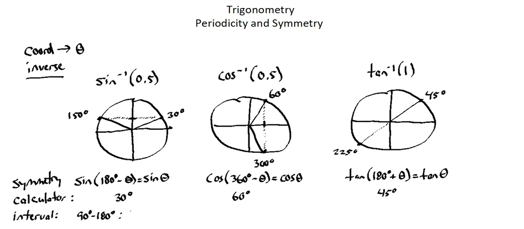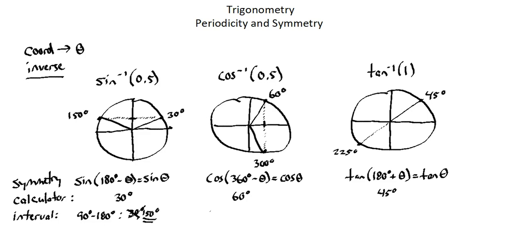Of my two angles, 30 degrees and 150 degrees, only one is in the interval 90 to 180. So that's how you identify which of the two angles you're looking for.